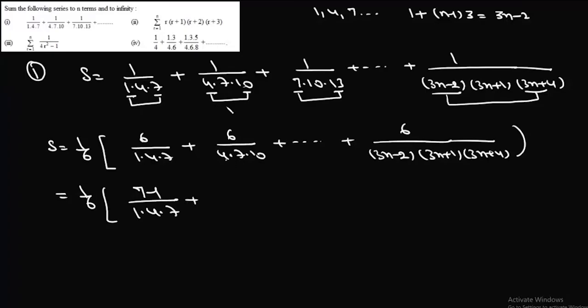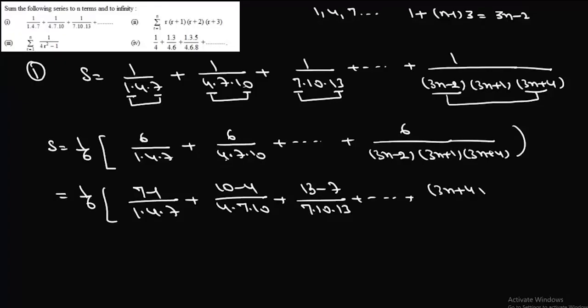Here we'll write this as 10 minus 4, and this is 4 into 7 into 10. Here it is 13 minus 7, and this is 7 into 10 into 13. And here it is 3n plus 4 minus 3n minus 2, upon 3n minus 2, 3n plus 1, 3n plus 4.